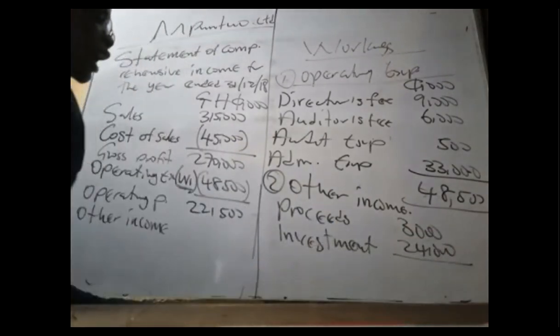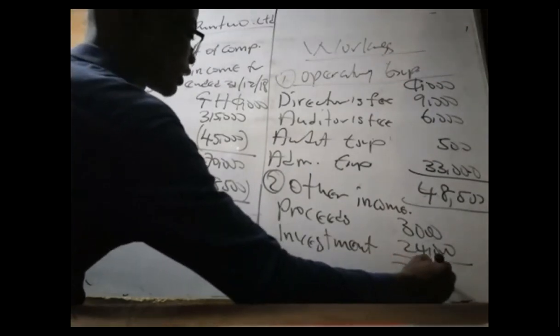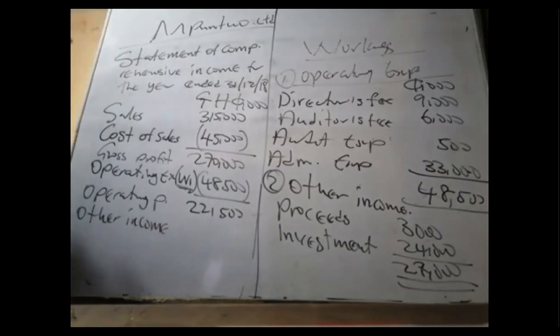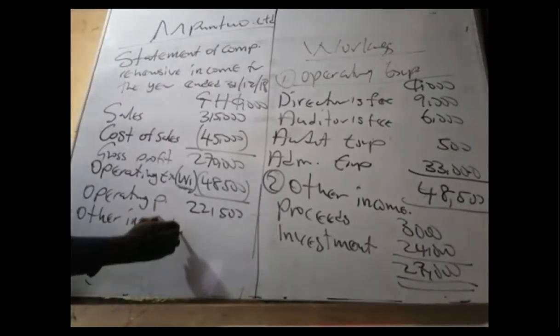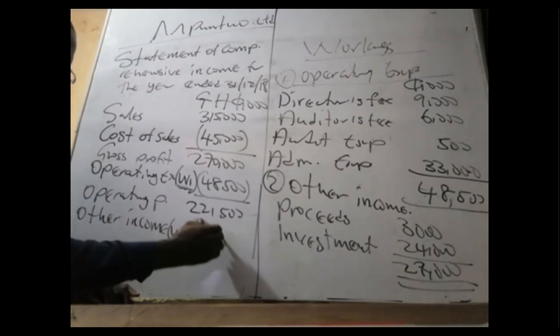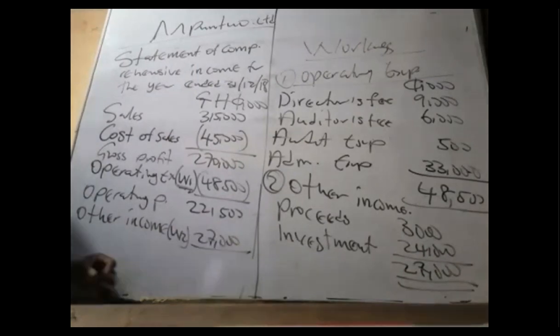Putting all these together, we have 27,000. Now this 27,000, Mr. Examiner, can you go to workings number 2? 27,000 will be there waiting for you nicely as the other income.